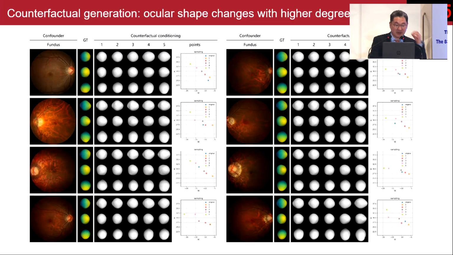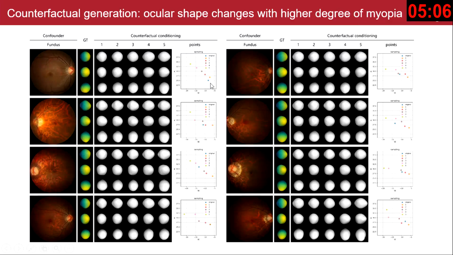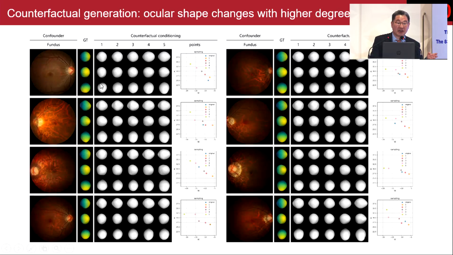And then we also developed a technology that can simulate what happens when we change the metadata. For example, we change the axial length, or the diopters from -5 to -10. What is going to change? So this can simulate, if no treatment, when the patient has a progression of high myopia, what the ocular shape looks like.